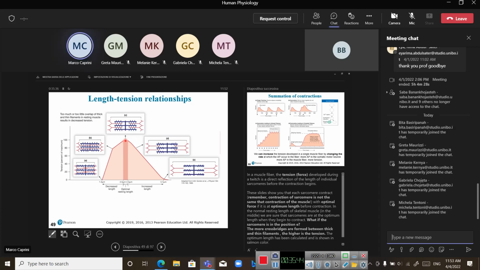What if the sarcomere is in position E, here, more than 3.7 micrometers? The muscle is in this condition, and it's quite difficult to produce the best tension in this condition compared to this condition. The more cross bridges are formed between thick and thin filaments, the higher is the tension, and you can have the higher tension here compared to here. Clear?